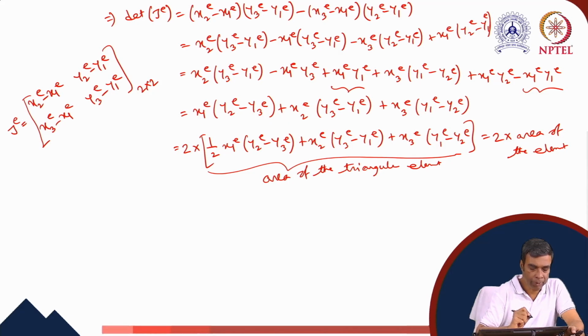Now, the inverse of the Jacobian matrix can be easily obtained here.